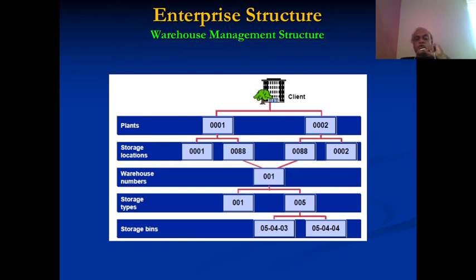This is just to show how the enterprise structure will be there outside MM. So plants and storage locations we have already seen how they were structured. Under that we have the warehouse related organization elements, which we are not discussing in detail, because warehouse management is out of scope.